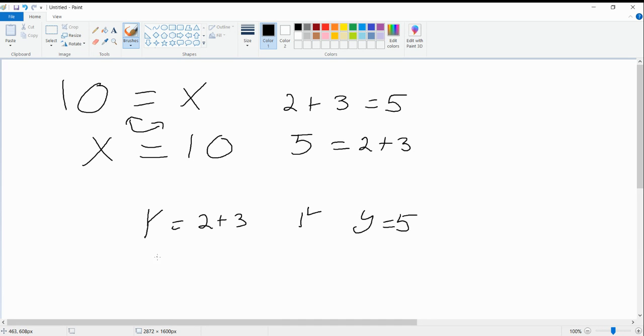But we can switch this around if we want them to be on opposite sides. We can say 2 plus 3 equals y, and our equation is going to be the same. It doesn't change the problem, it just changes what numbers are on which side of the equal sign, and that's the symmetric property. Because it makes things symmetric, they're going to be the same. So here we would still have y equals 5.